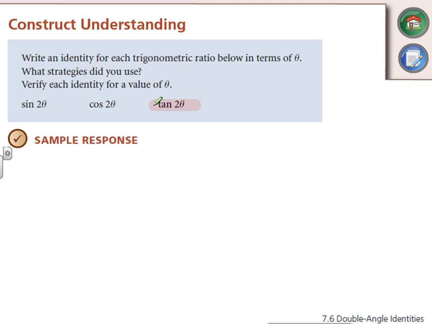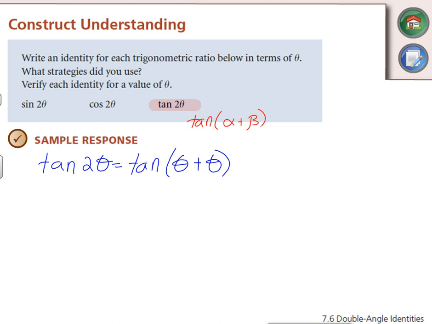And last one here, tan. Same thing. Tan 2 theta equals tan of theta plus theta. And the formula we're using for this one, tan of alpha plus beta equals, right from your formula sheet, tan alpha plus tan beta over 1 minus tan alpha tan beta.